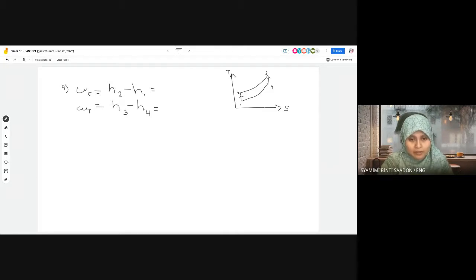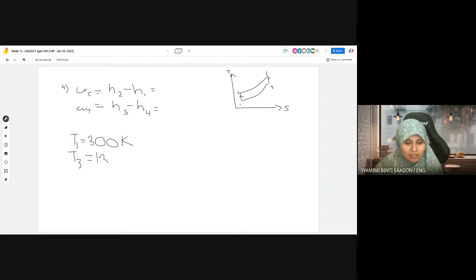The plant operating on a Brayton cycle has a pressure ratio of 8. The gas temperature is 300 Kelvin at the compressor inlet, so T1 is 300 Kelvin. And 1300 Kelvin at the turbine inlet, so T3 is 1300 Kelvin.